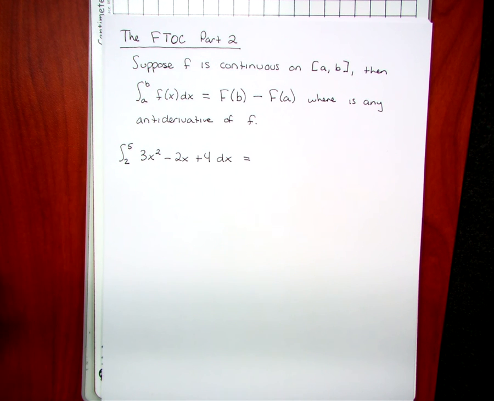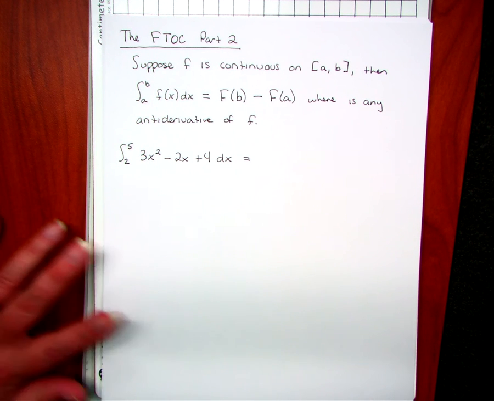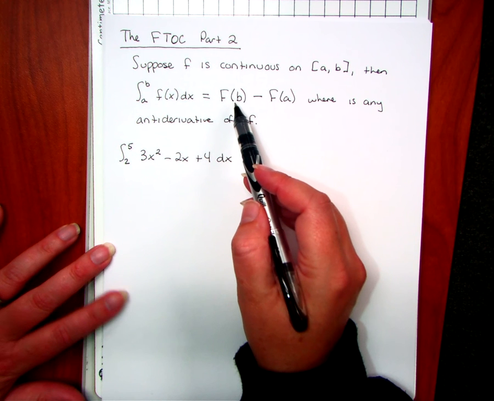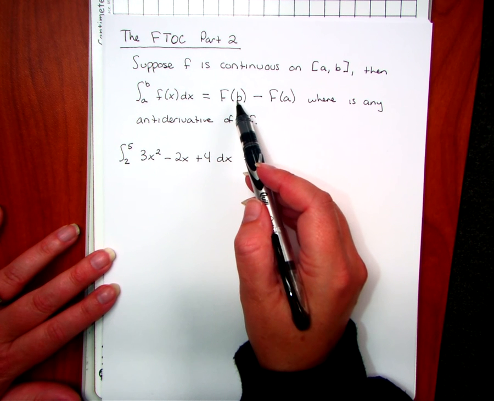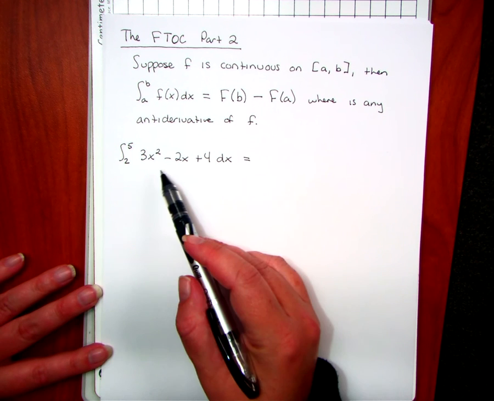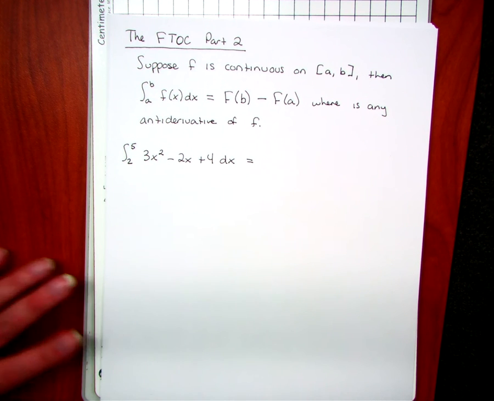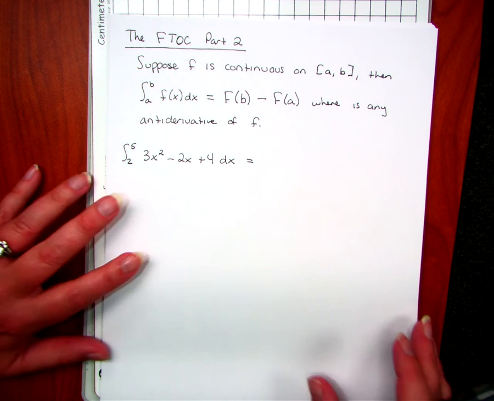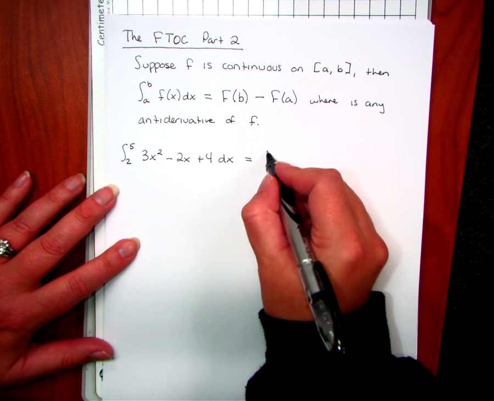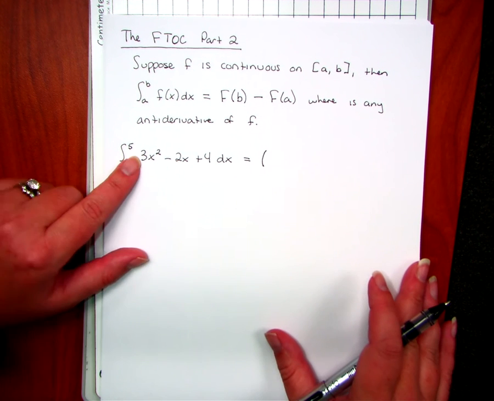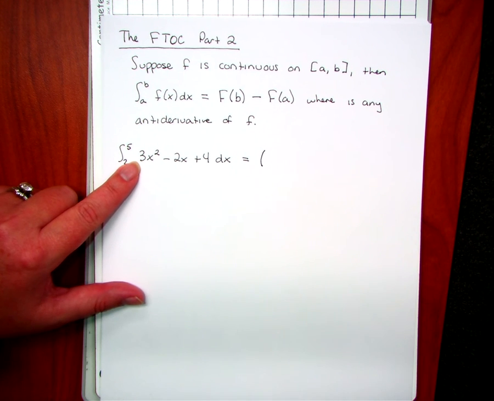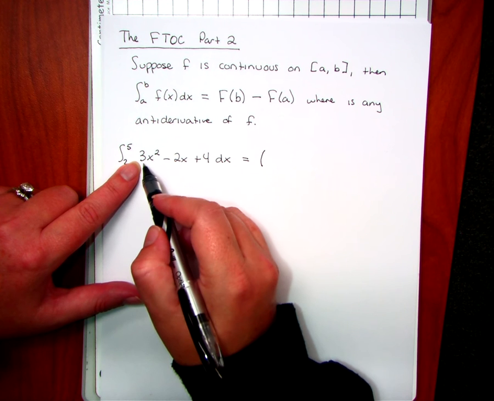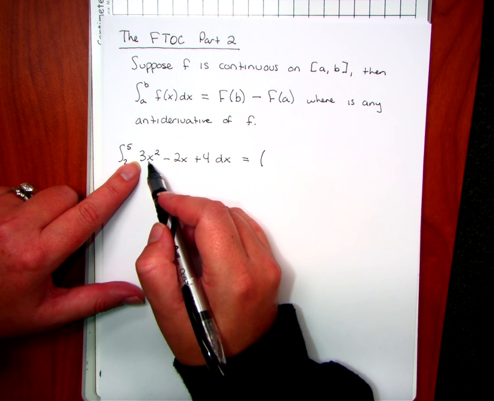The first thing you want to do before you jump into the antiderivative evaluations is find the general antiderivative of 3x squared minus 2x plus 4. I'm going to anti-differentiate each term individually.